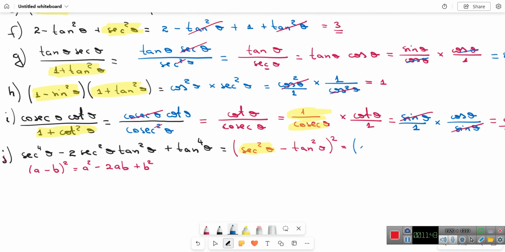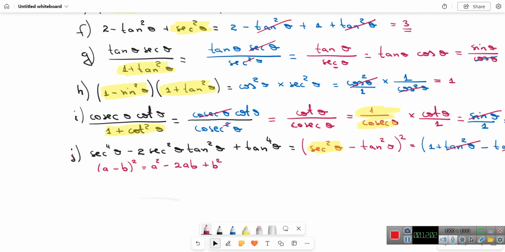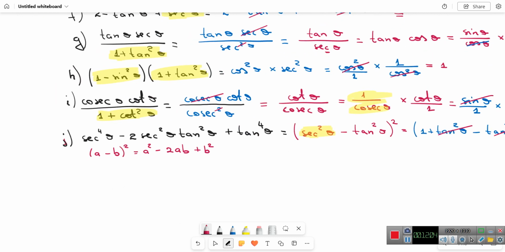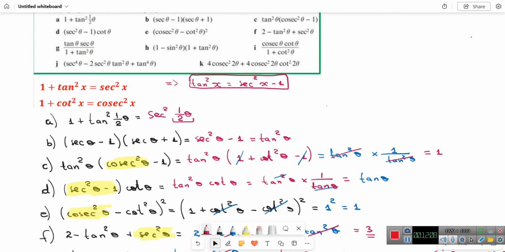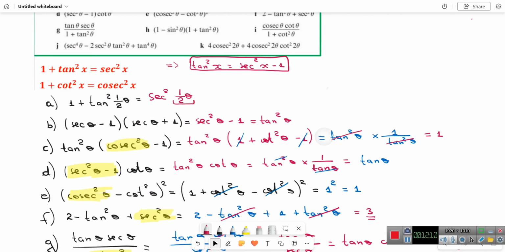So I replace it with 1 plus tan squared of theta minus tan squared of theta, everything squared. Now this can be cancelled down, and everything is equal to 1. And the very last one will be similar.